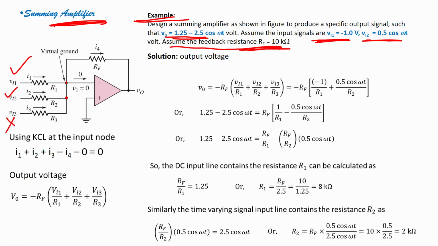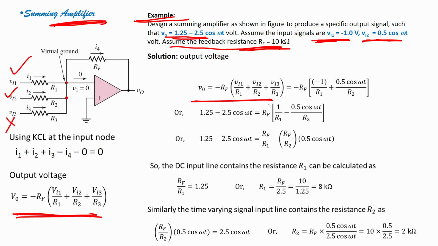So, we assume Vi3 equals 0. We know this formula for the summing amplifier. We will substitute the values.